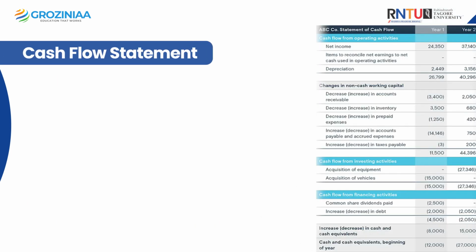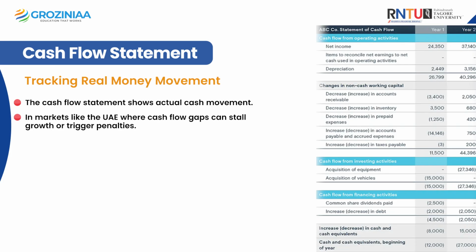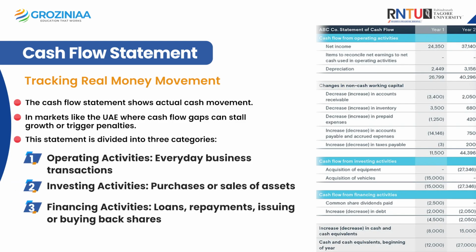Now, the third element is the cash flow statement, which tracks real money movement. While the income statement shows profit, the cash flow statement shows the actual cash movement. That distinction is critical, especially in markets like the UAE, where cash flow gaps can stall growth or trigger penalties. This statement is divided into three categories: operating activities, investing activities, and financing activities.